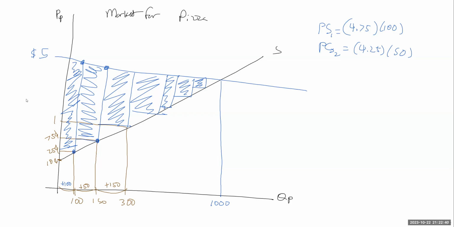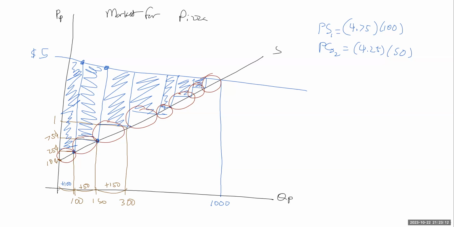Specifically, we would not include these triangles into producer surplus. The only way we include the area of these triangles into producer surplus is if we allow for very tiny groups that sell crumbs of pizza, ever so small bits and pieces of pizza.